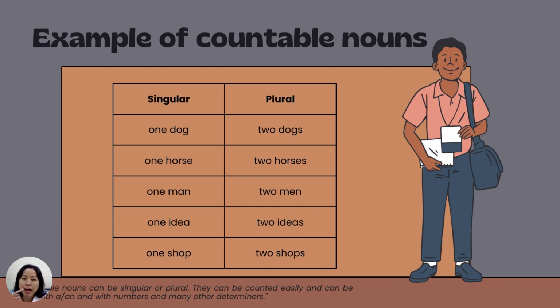If you have the plural form, just like dog with dogs, horse, horses, man, men, idea, ideas, shop, shops, and you can begin the noun with a or an or with numbers like one, two, and so on, many, or other determiners, it means that these nouns are countable.